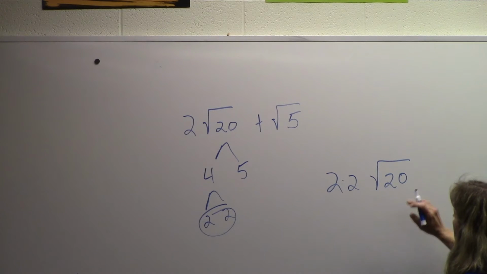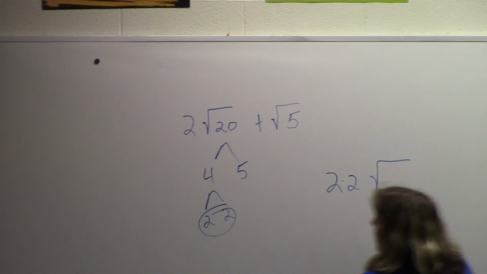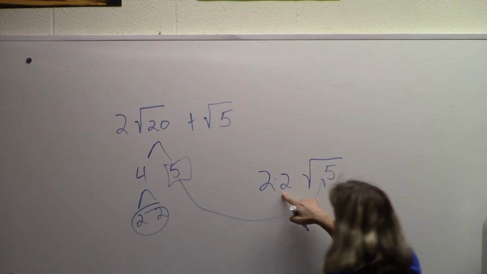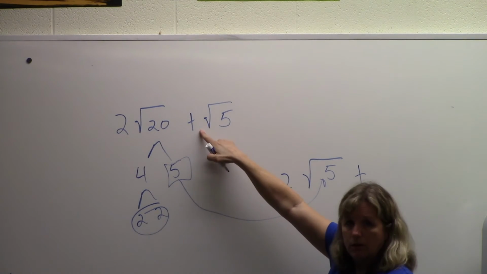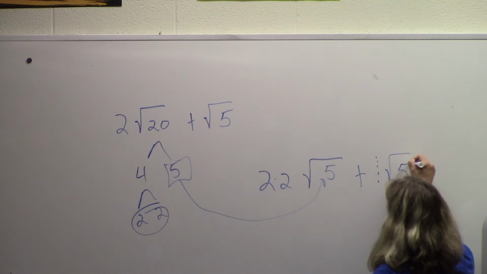Okay, and then I'm left with this 5 underneath, so I'm going to move that there. So I've got 2 times 2 radical 5 plus, what's my coefficient here? 1. Plus 1 radical 5.